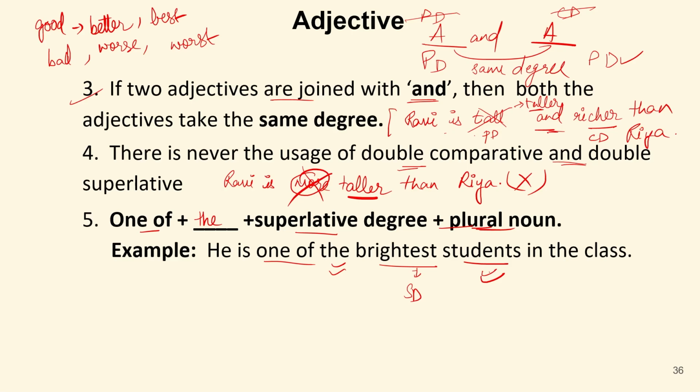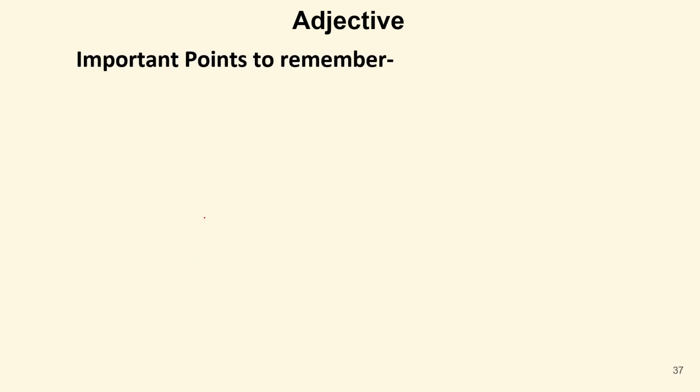Now, one more type of sentence comes from this part, that is, there are some important points to remember. Again, if we compare two persons with each other and we have used the word than, also, suppose this sentence, let us take an example.